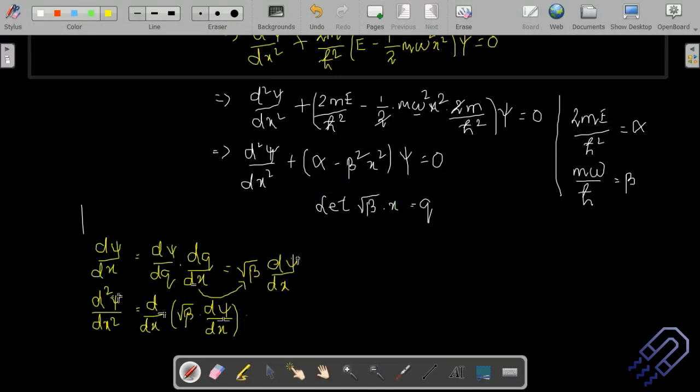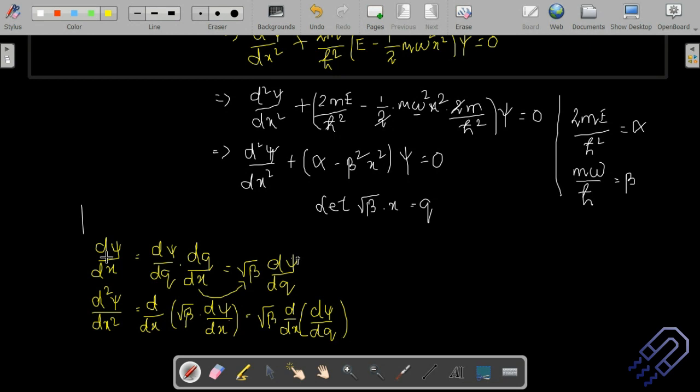We have d psi by dx as root beta. Okay, so I can take that root beta outside and then I can write it down as d by dx. Sorry, this is d psi by dq. Yes, dq by dx, this is d psi by dq, right? So I'll write it down as dq. This is d by dx, d psi by dq.